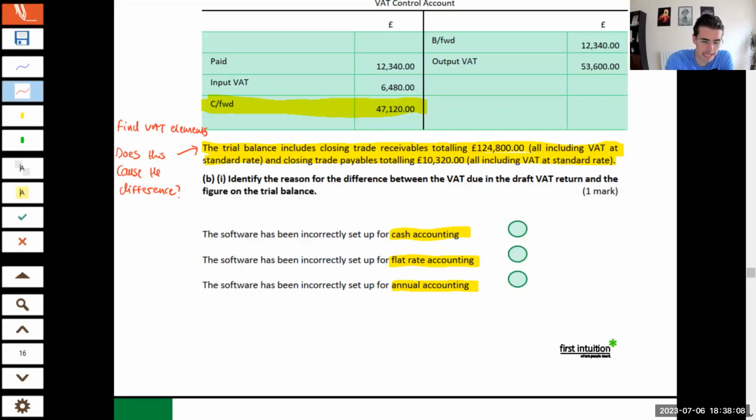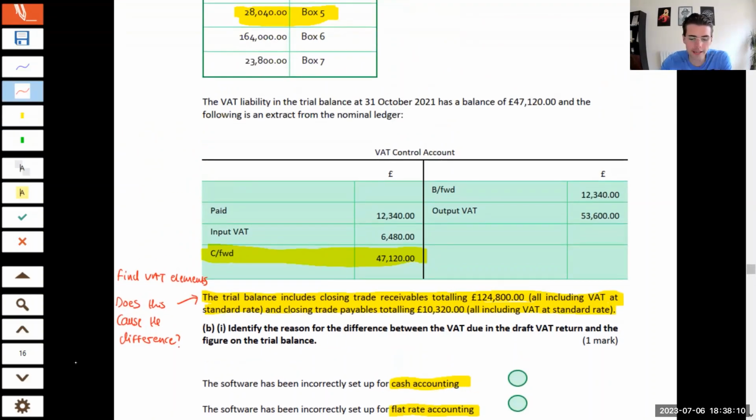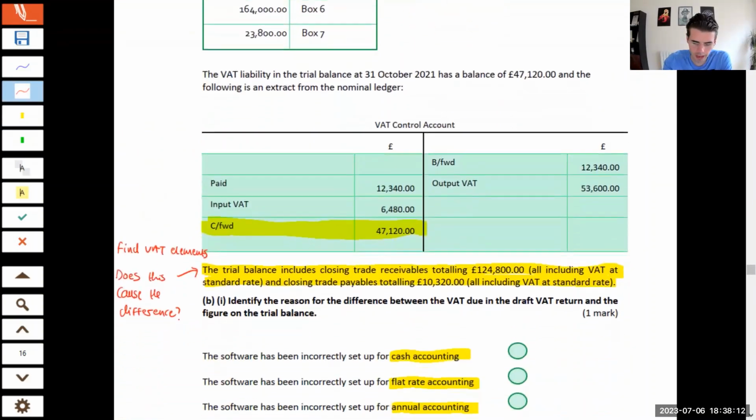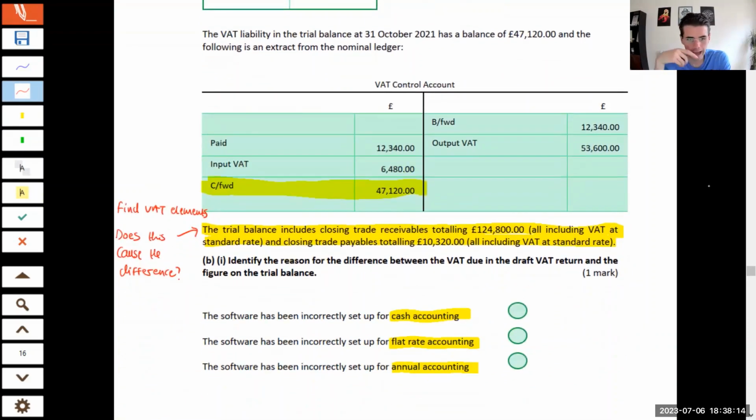Now, without even looking at anything else, I can say, okay, how am I supposed to know that the flat rate scheme is being used here when the question has given me literally no reference to any percentages used?